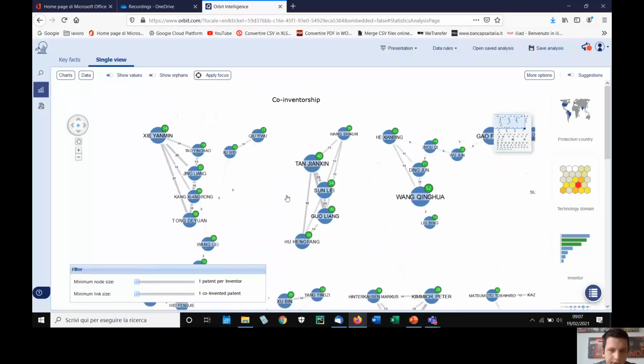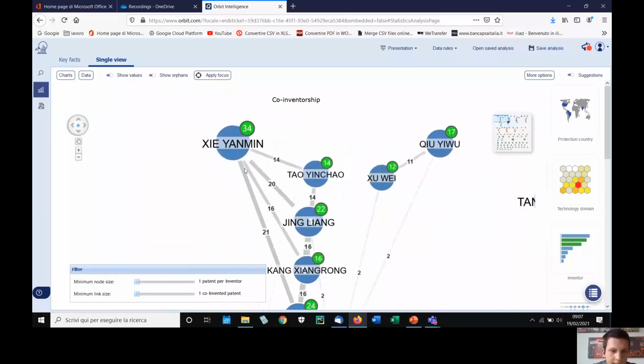This is an example. This is the number of patents for this author, and this is the number of patents of co-inventorship between this author and this author.